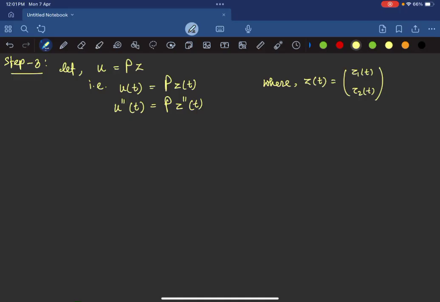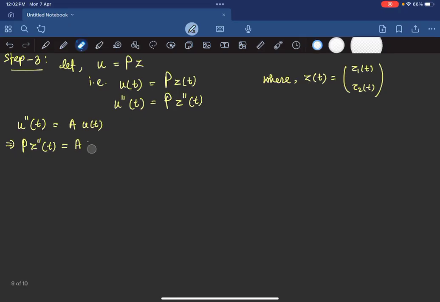Now the given problem is u''(t) equals A u(t). So in place of u'' you will put P z''(t) equals A u(t), and in place of u(t), just now we considered this transformation P z(t). This technique we already studied in our simple diagonalization method.